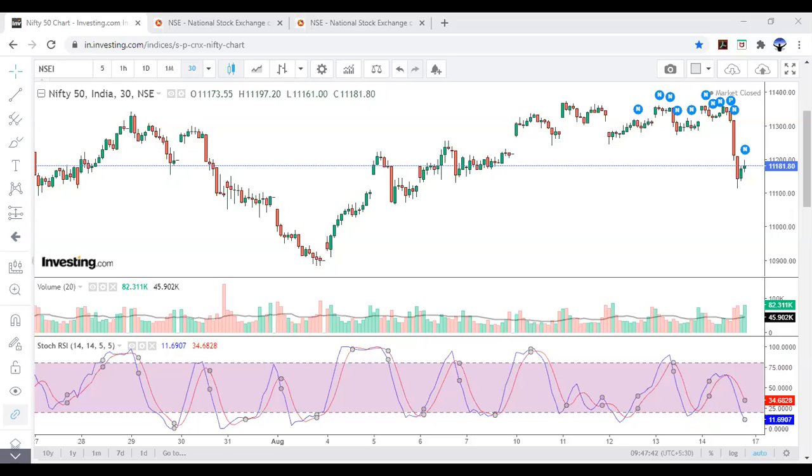Now we are starting the next indicator, that is the Bollinger Band, and for which purpose it will be used.